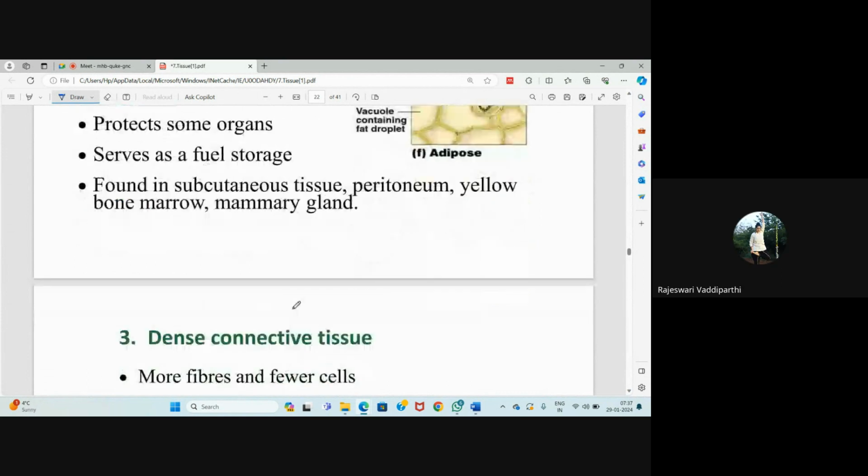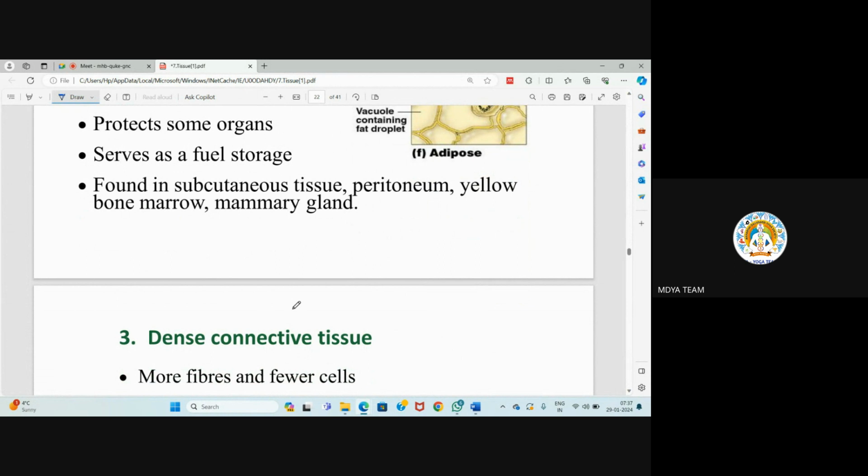What is peritoneum, ma'am? Peritoneum is the abdominal cavity, you can say. It is the region in the abdomen. The peritoneal cavity consists of all our abdominal organs like stomach, liver, gallbladder, small intestine, large intestine.